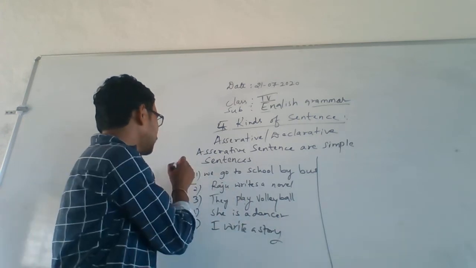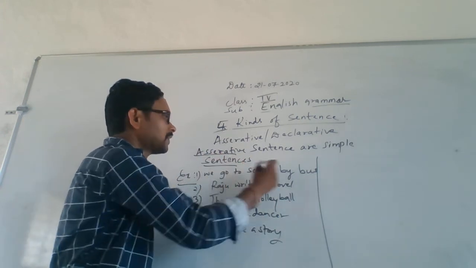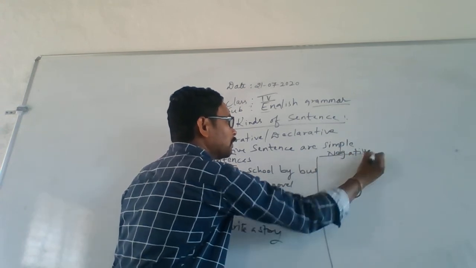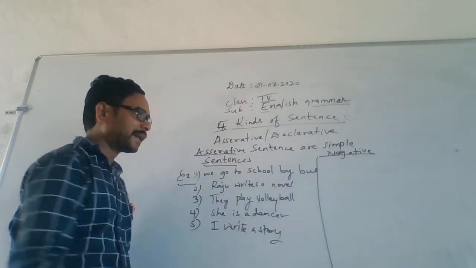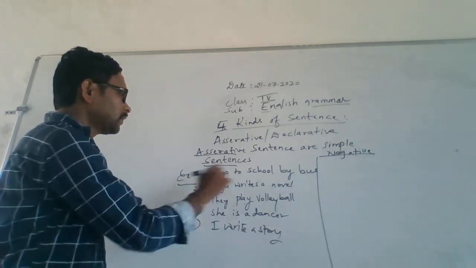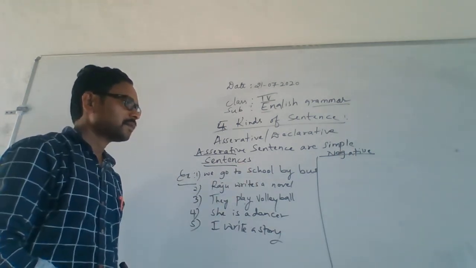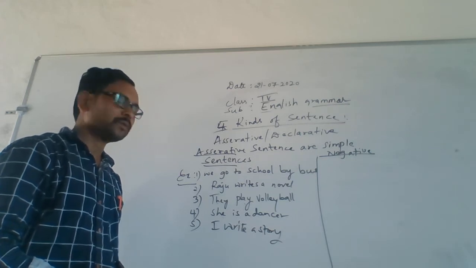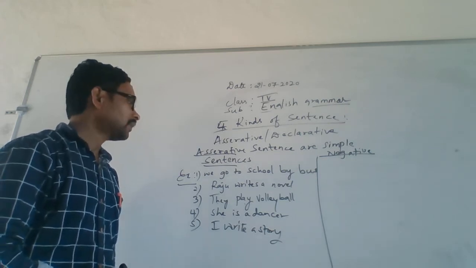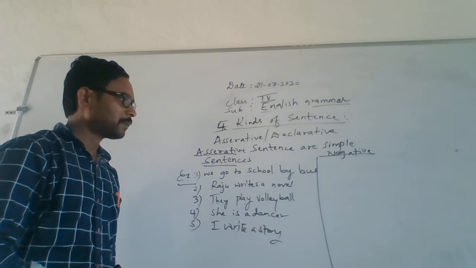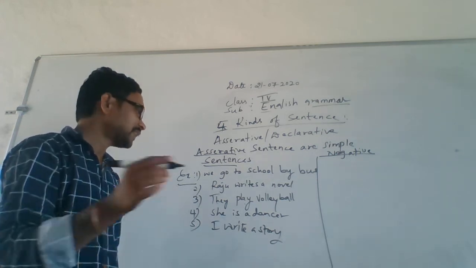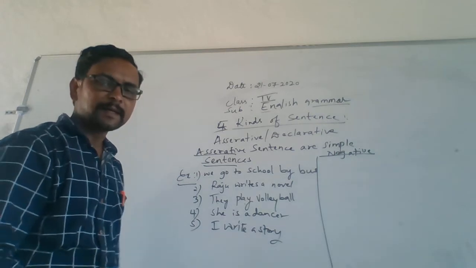For example, it is assertive. Just write down here negative. These are the examples in a negative. We go to school by bus. How to make negative? Tell me. We not go to school by bus. Do you say this like? Oh, wrong. If you say this like totally that is wrong.